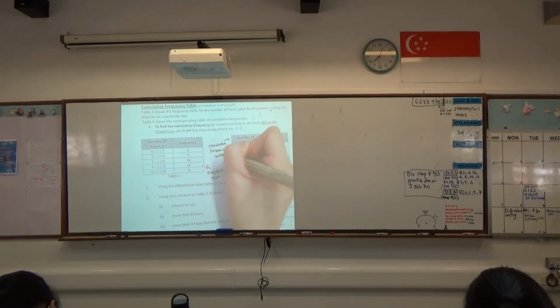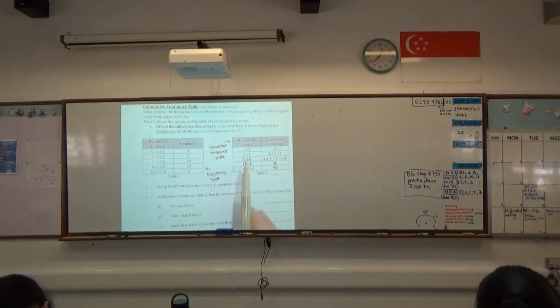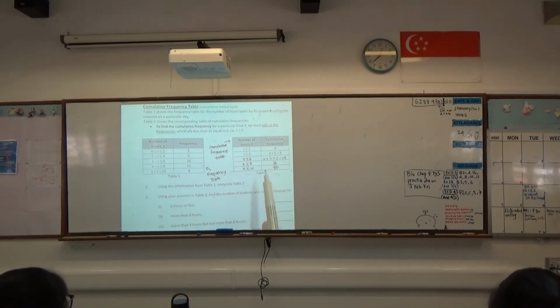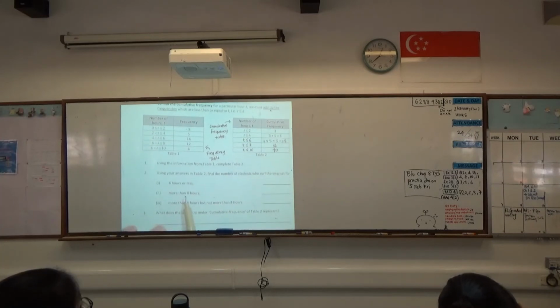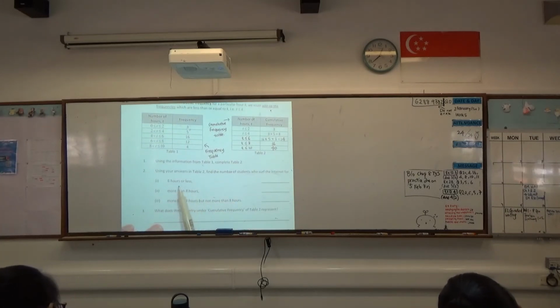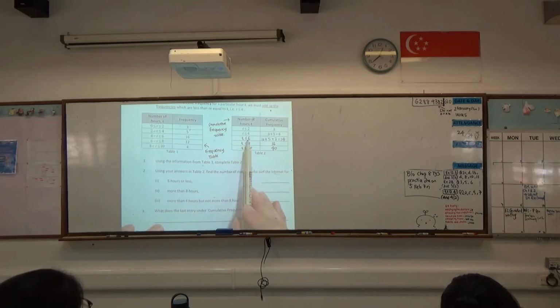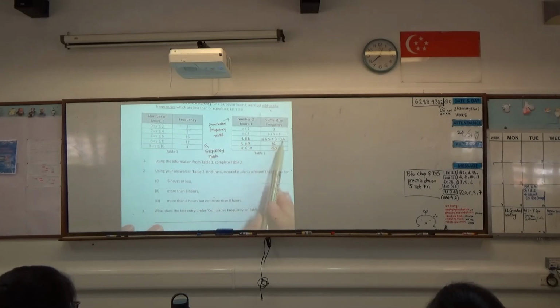In cumulative frequency, we are always talking about the data that is in the form of less than or equals to. We do not present data that is more than or equals to. That is the standard that we seek in cumulative frequency. So, using table 2 to find out 6 hours or less, that will be over here, because 6 hours lesser than or equals to, that will be 24 students.